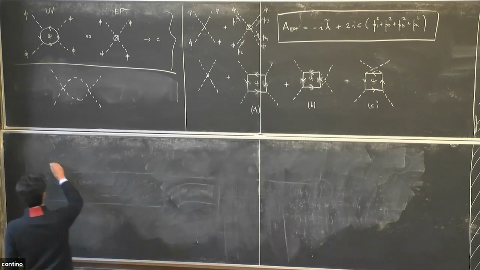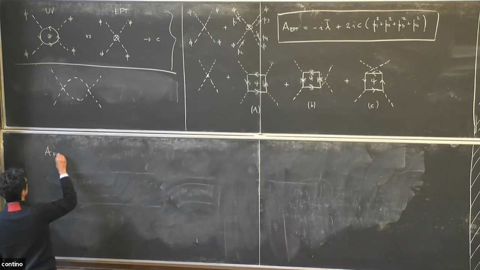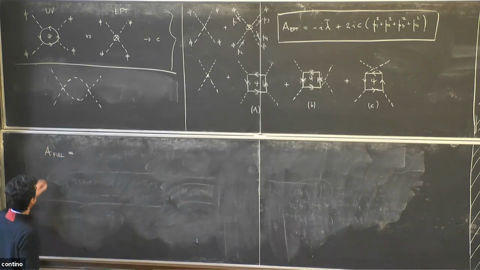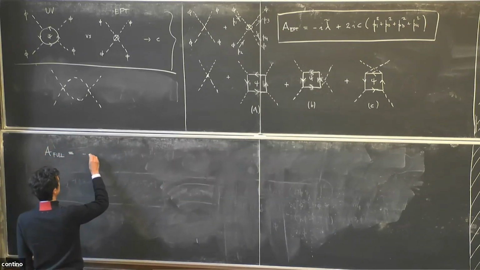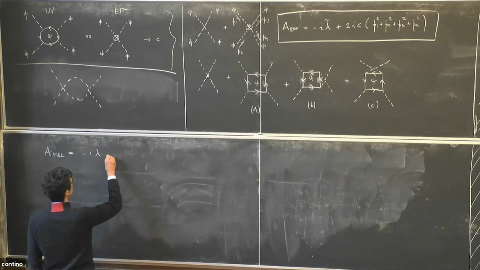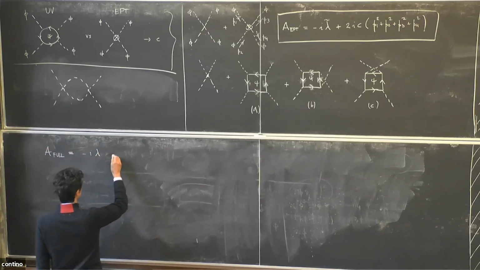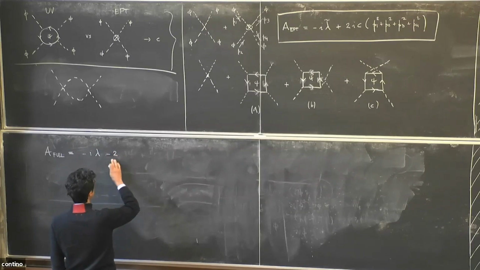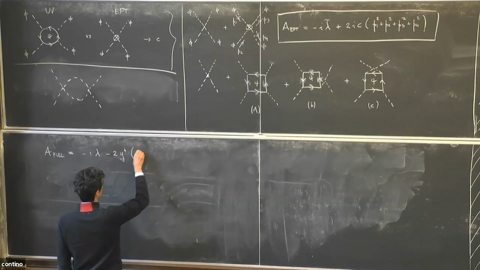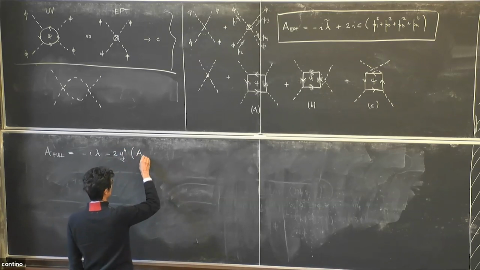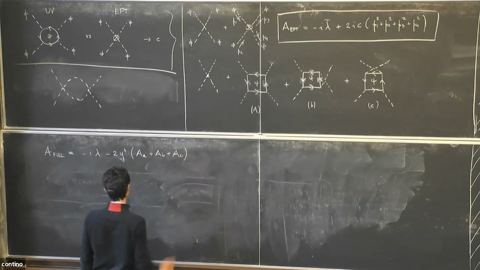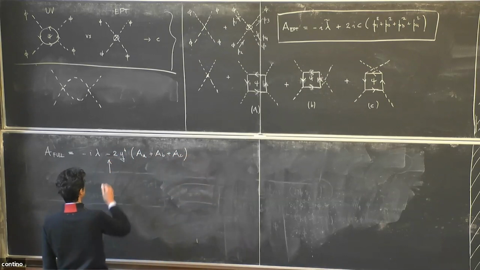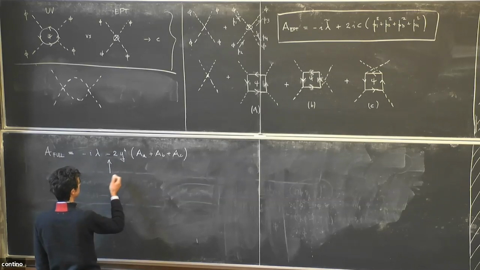So the result in the full theory, again for the amplitude or the green function, is minus I lambda plus, actually, now let me write it this way, minus 2 y to the fourth times A plus B plus C. The minus comes from the fact that there is a fermion loop.